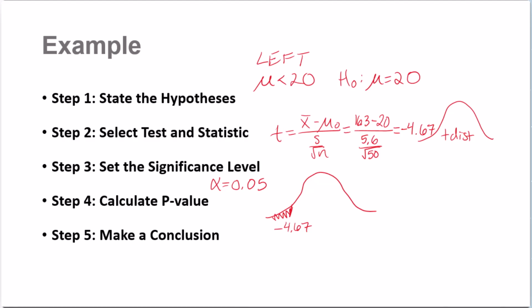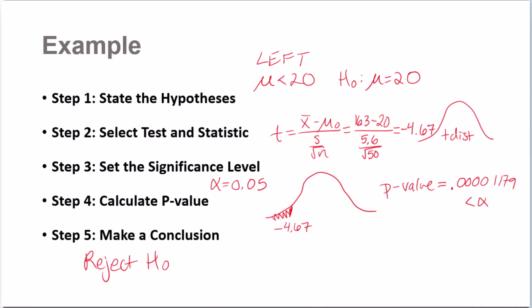In this case, the p-value is quite small. It's about 0.00001179. This is certainly less than the significance level, less than alpha. This tells me that this result is extremely unlikely if the null hypothesis is true. So we would reject the null hypothesis.